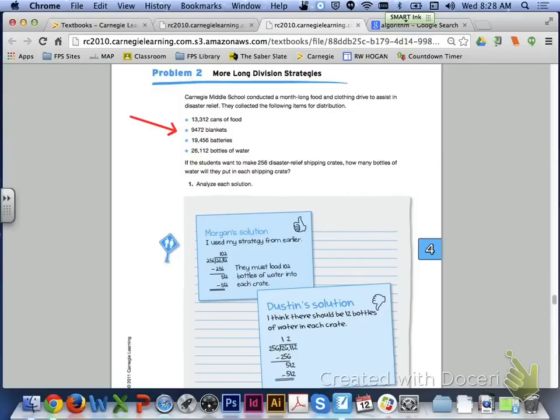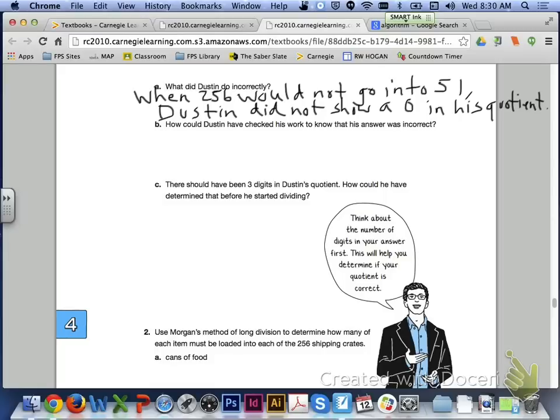Take a look at letter A and talk about what Dustin did incorrectly. When 256 would not go into 51, Dustin did not show a 0 in his quotient. Therefore, that led him to getting the incorrect answer.